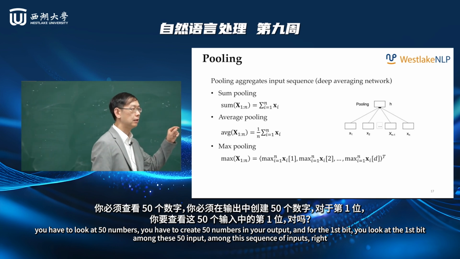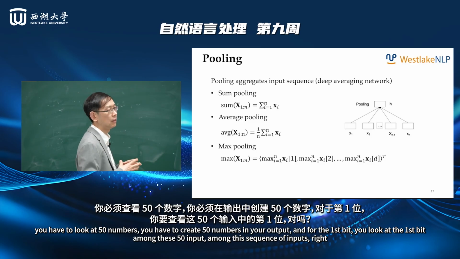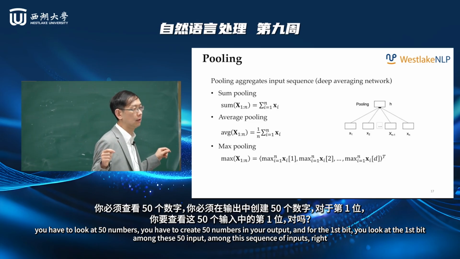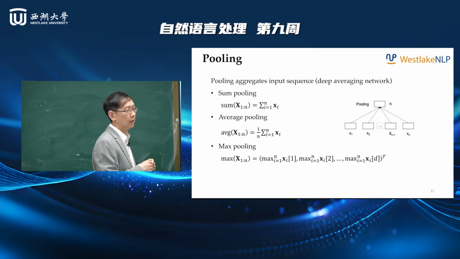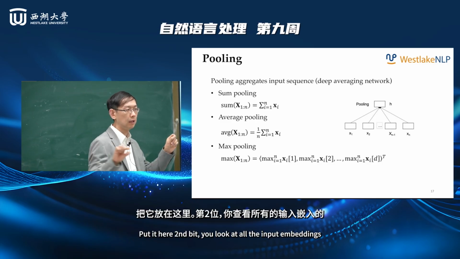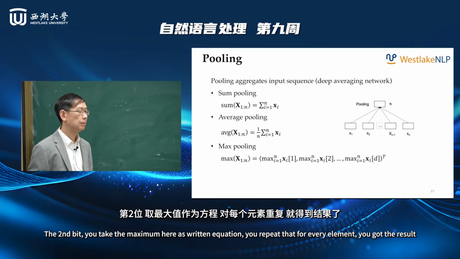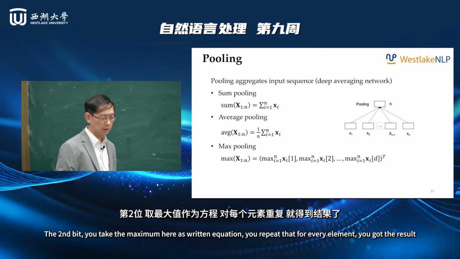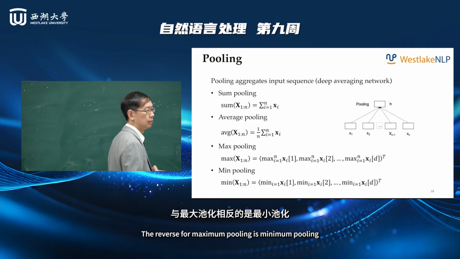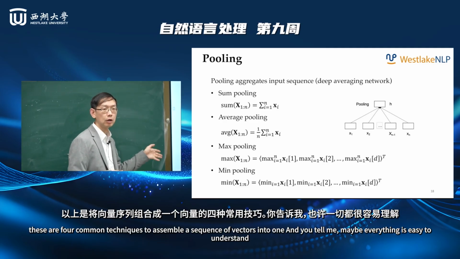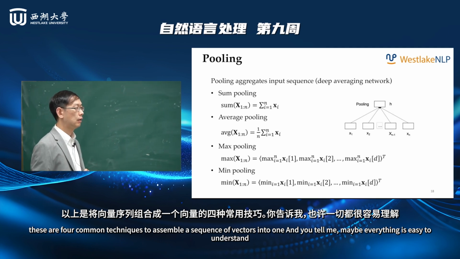And for the first bit, you look at the first bit among this sequence of inputs, and you select the highest value and put it here. Second bit, you look at all the input embeddings, and you take the maximum of the second bit, as written in the equation. You repeat that for every element, and you get the result. The reverse of maximum pooling is minimum pooling, right?